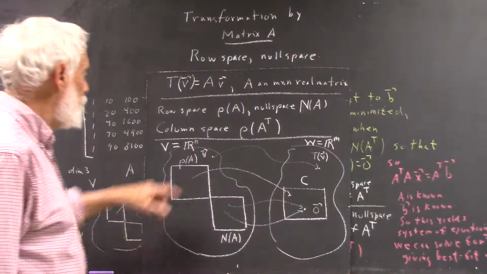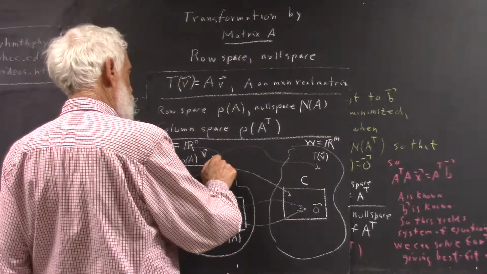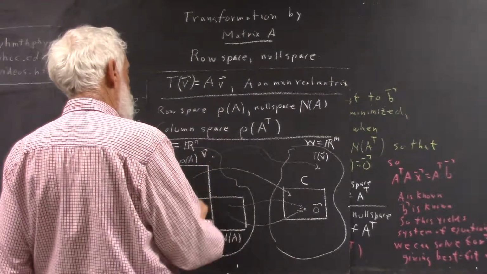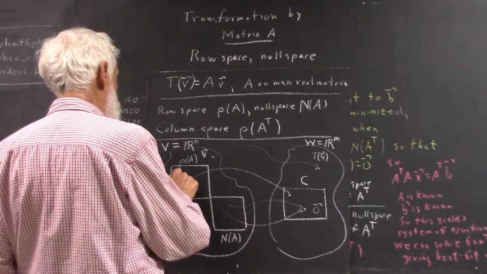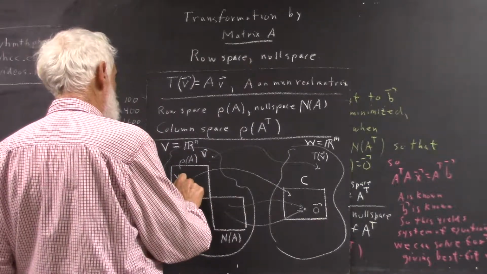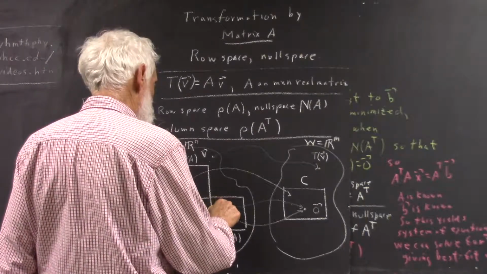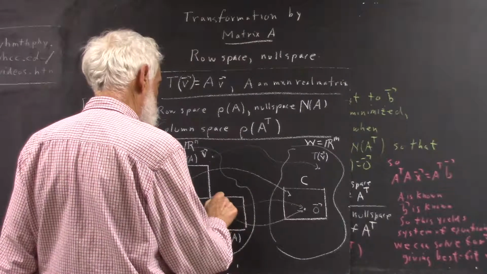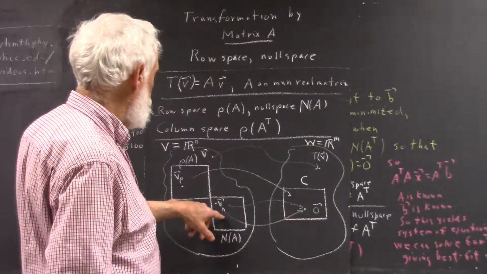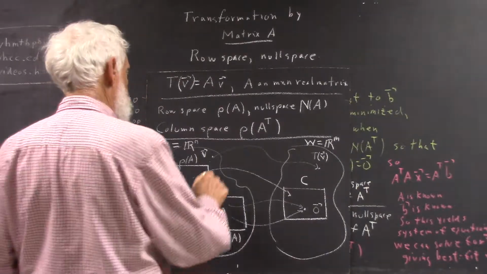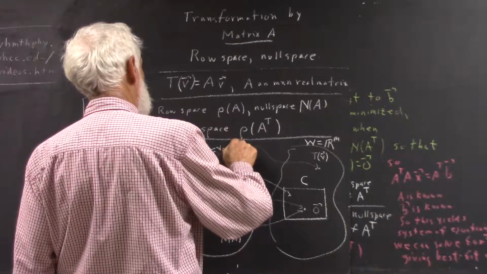Now recall that any vector V up here is a sum of a unique vector that I'll call V row and a vector V sub n, V row in the row space, V sub n in the null space. So V equals V row plus Vn.